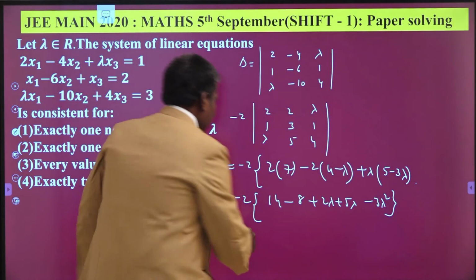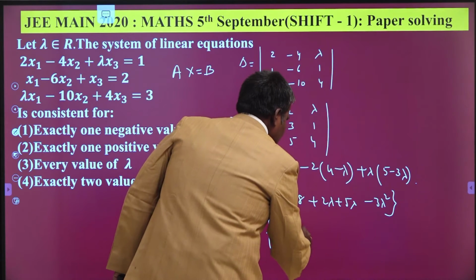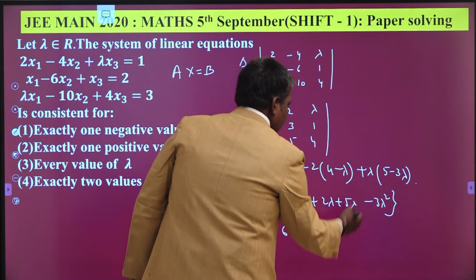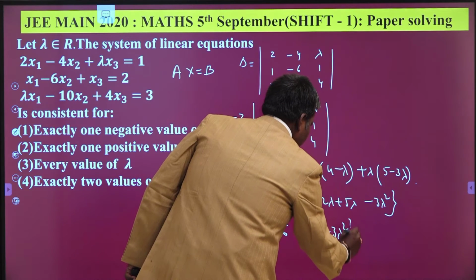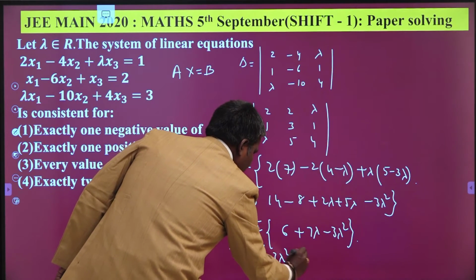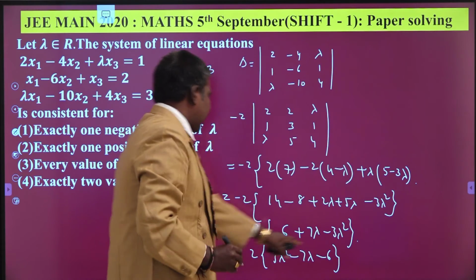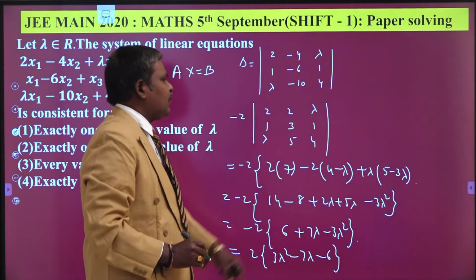This is minus 2 times of 6 plus 7 lambda minus 3 lambda square. Take minus common, 2 times of 3 lambda square minus 7 lambda minus 6.